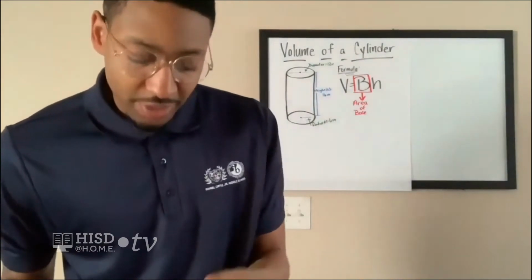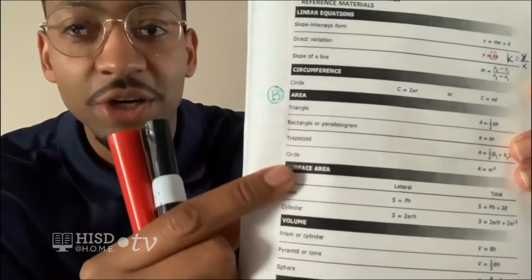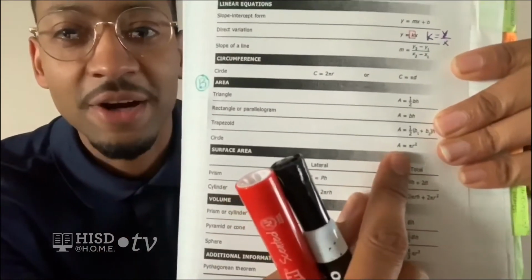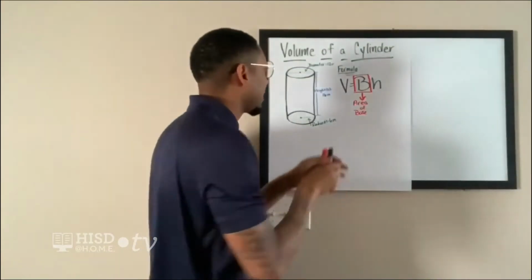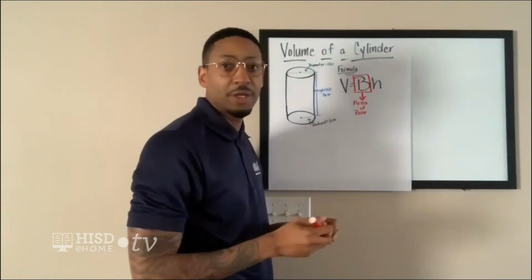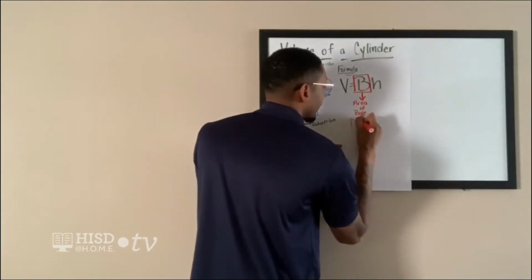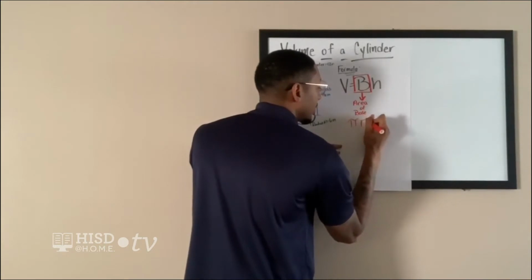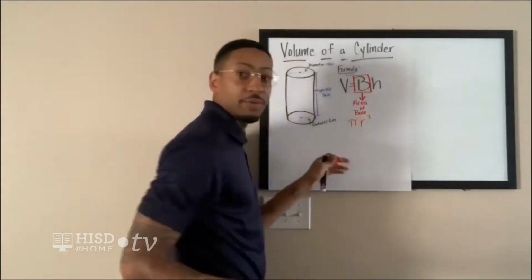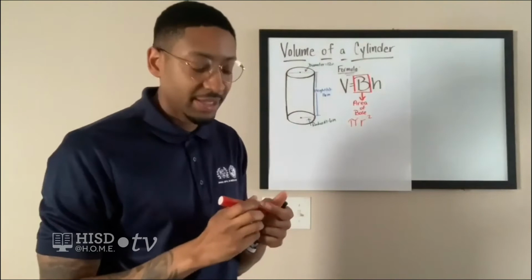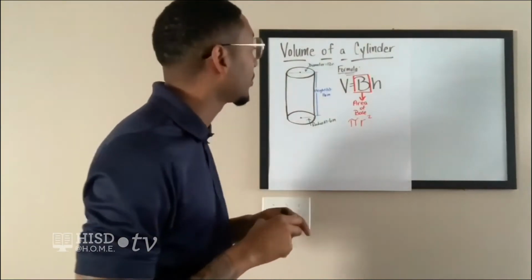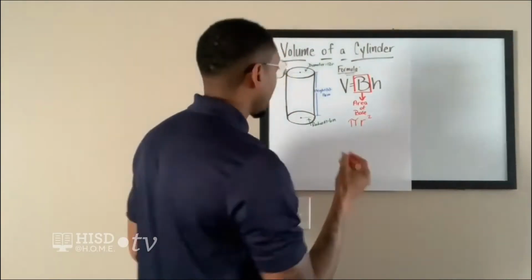So when you go to area of a circle, it's pi r squared. In the place of big B, we are going to put pi r squared. We multiply the pi times the radius, and we square the radius, okay?